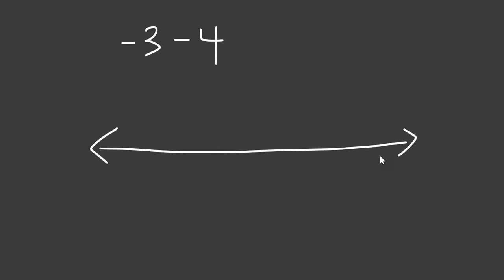Let's focus on something else. What happens when you subtract a positive number from a negative number? What is negative 3 minus 4? Well, on the number line, let's look at the number line real quick. This is 0, and this is negative 3.